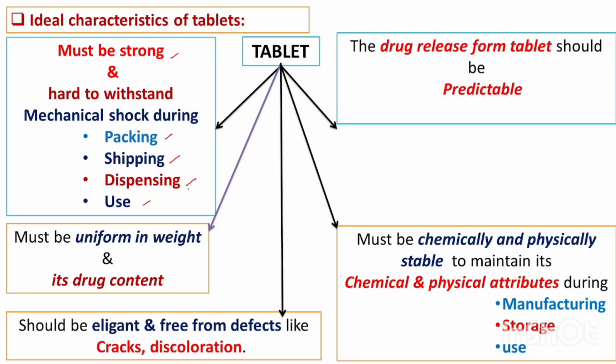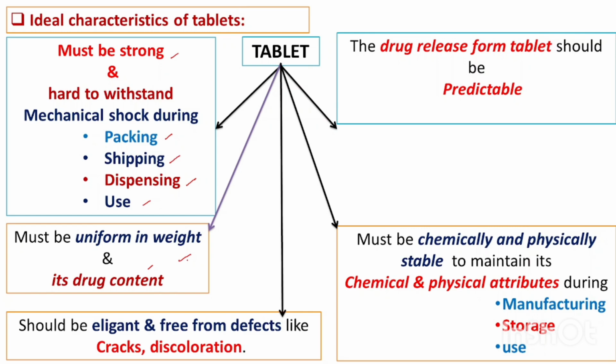Apart from that, it must be uniform in weight and drug content to get 100% bioavailability after consumption of a tablet, right? If the uniformity in drug content is lost, it may affect the pharmacological action and may have an adverse effect on the patient.